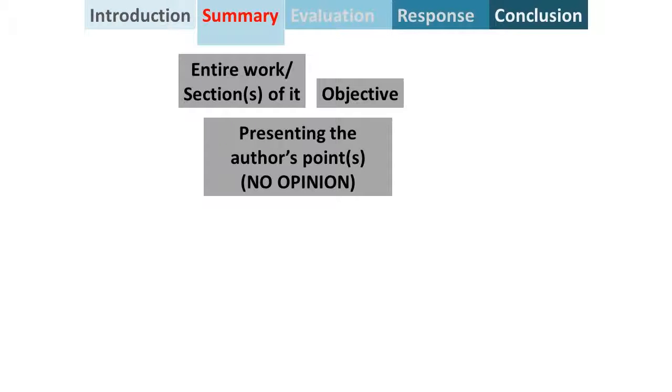Now, there is another part of the introduction, which is the summary. The summary should not be too long. However, it needs to cover what you want to cover in the evaluation part. You can either give a general summary of the article or provide a summary of only the areas that you want to critique.